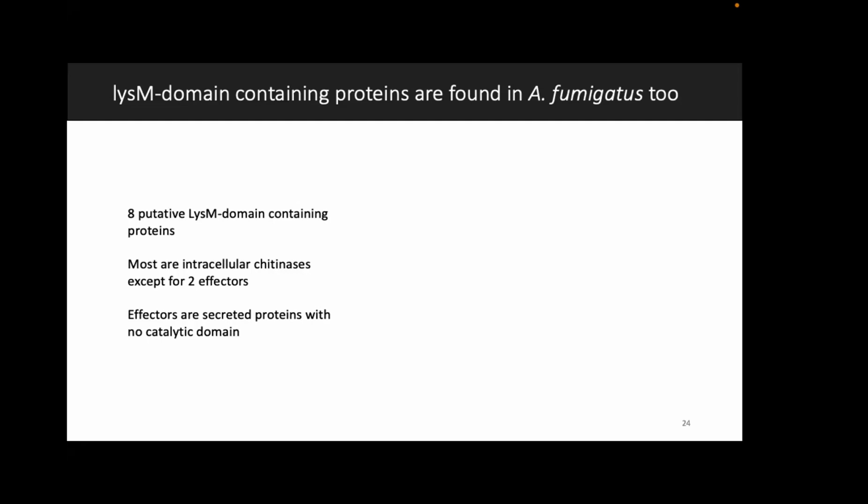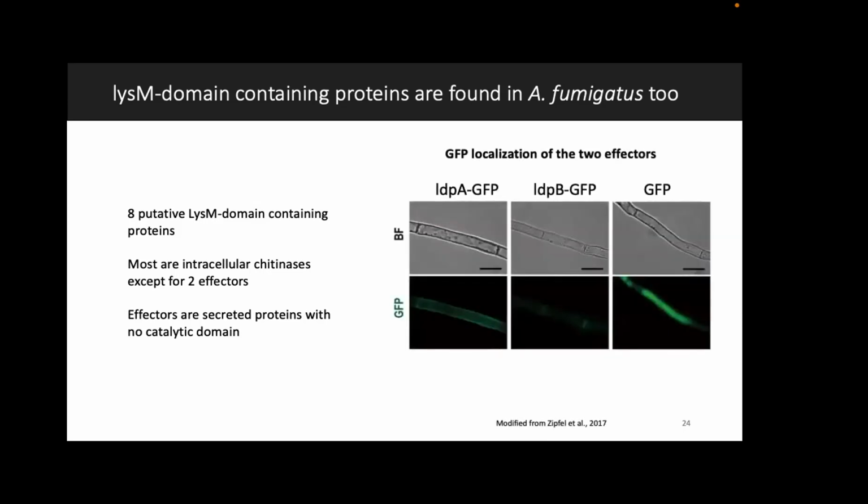LysM effectors have been shown to be important for phytopathogens, so pathogens of plants, because it's able to sequester chitin fragments and not let the plant be able to capture those chitin fragments to initiate some sort of immune response. And a paper recently characterized these 2 effectors in Aspergillus fumigatus.